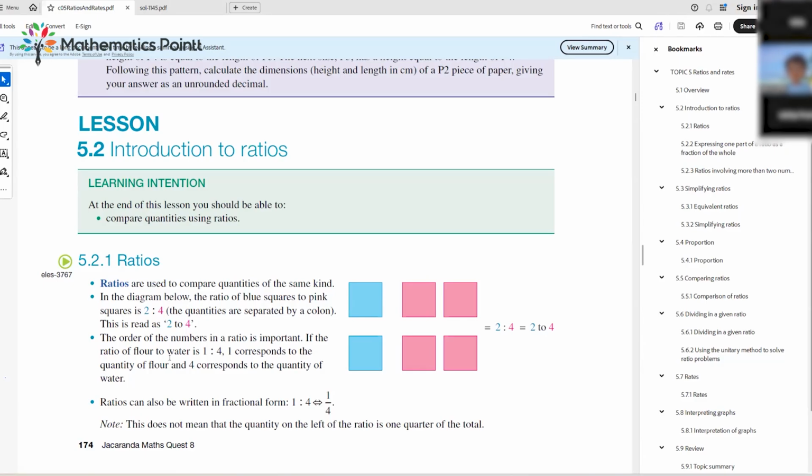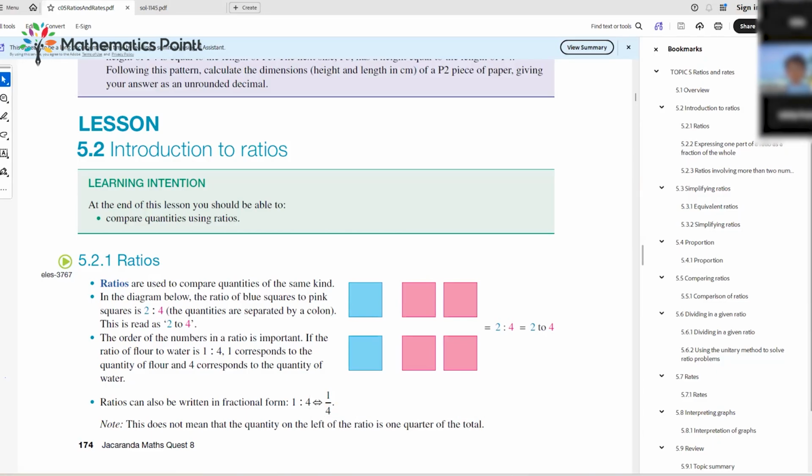Okay, so let's start with the word ratio. What is a ratio? A ratio is a way to compare quantities of the same kind.